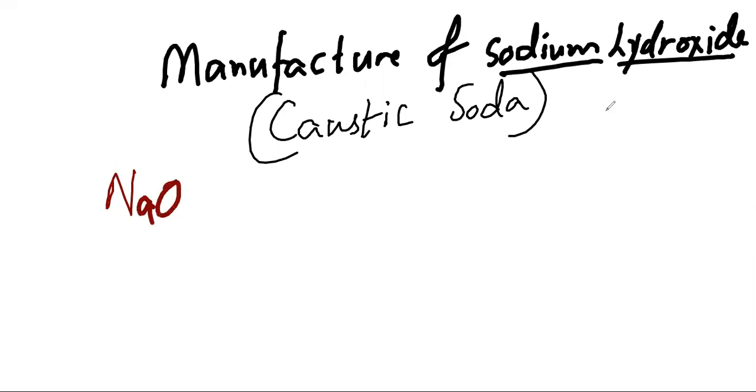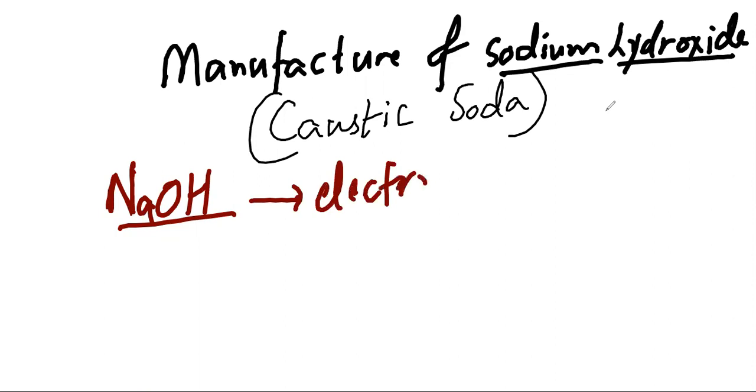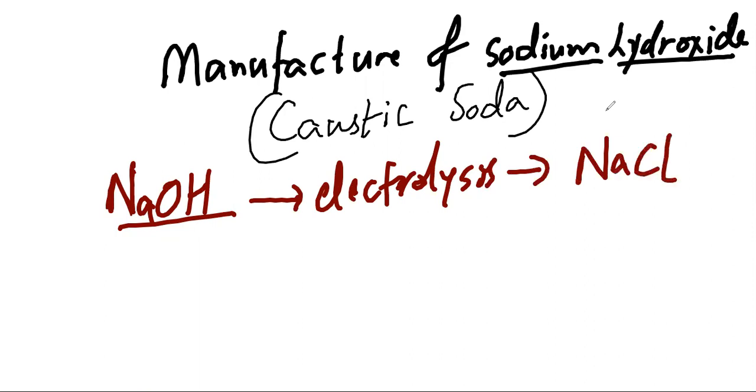Sodium hydroxide, NaOH, is obtained by the electrolysis of sodium chloride solution.